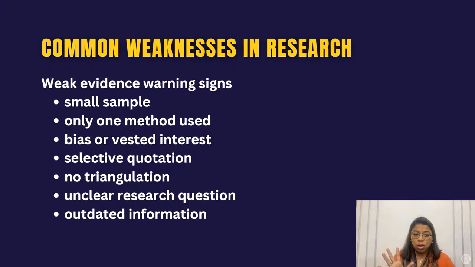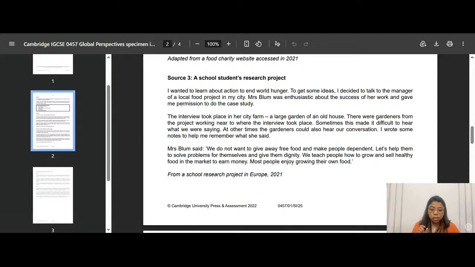Now, if we go here on this tab, insert, what do you see? The first weakness: is it a small sample? Yes, because first of all, the sample size is not even given in the source. That is one. Second, you will ask yourself, is only one method used? Yes, only one method. You cannot draw major conclusions using only one research method.